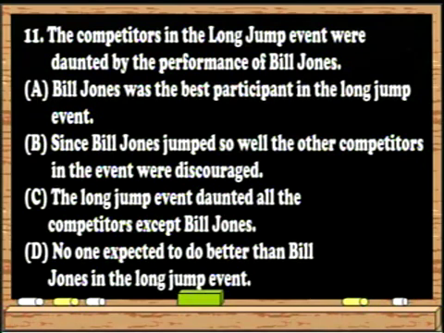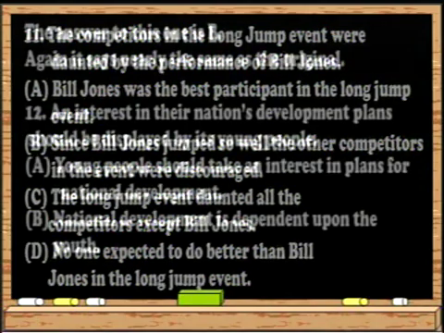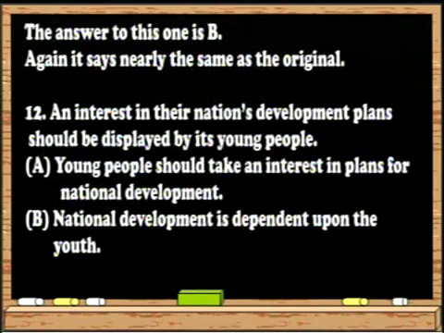Since Bill Jones jumped so well, the other competitors in the event were discouraged. The long jump event daunted all the competitors except Bill Jones. No one expected to do better than Bill Jones in the long jump event. The answer to this one is B.